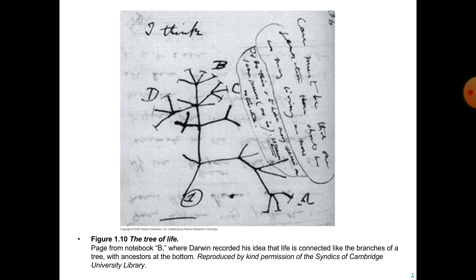It is a crude, simple sketch, but Darwin's drawing is a radical new picture of life, meaning that the ancestor is one species, and then later on, as time passed, it would create branches and create new species. So that is why Darwin called this the tree of life.